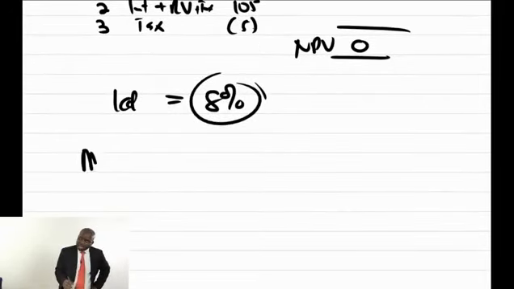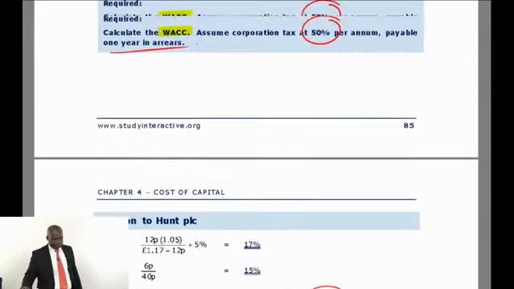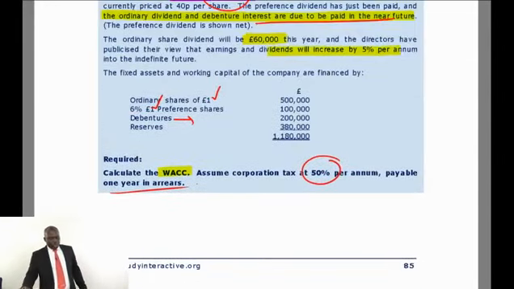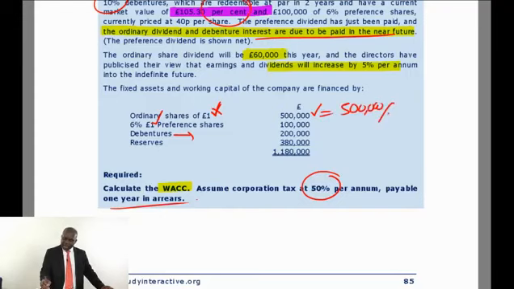I also have to get the market value of the debt. How do we get the market value of the debt? Point of attention, be with me. When you wanted the number of shares, what would you have done? You pick the total nominal value of the shares and divide by the nominal value per share. So this was the 500,000 divided by £1, and that gave us 500,000 ordinary shares.